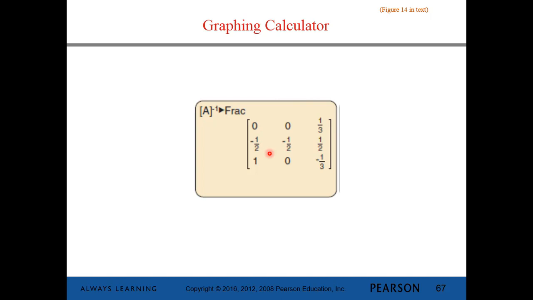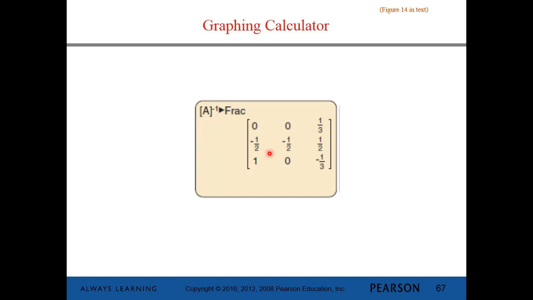It gives you the inverse matrix. It's that easy. But make sure you're able to do this by hand because you will be required to calculate these by hand as well as with the calculator. So make sure you practice both, but it is important to know how to do this by hand.